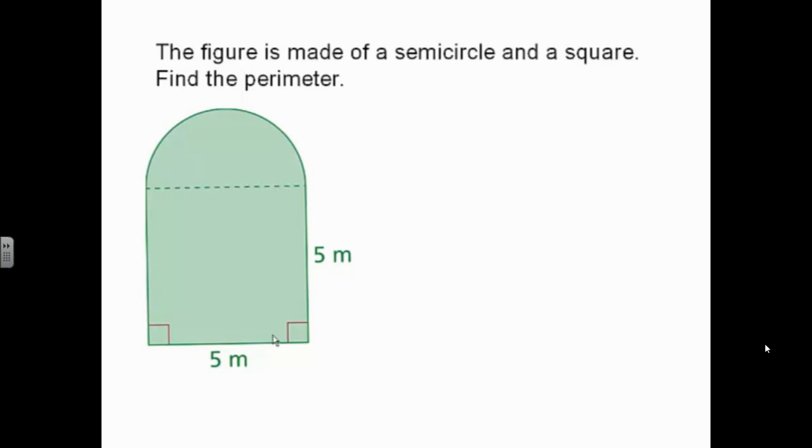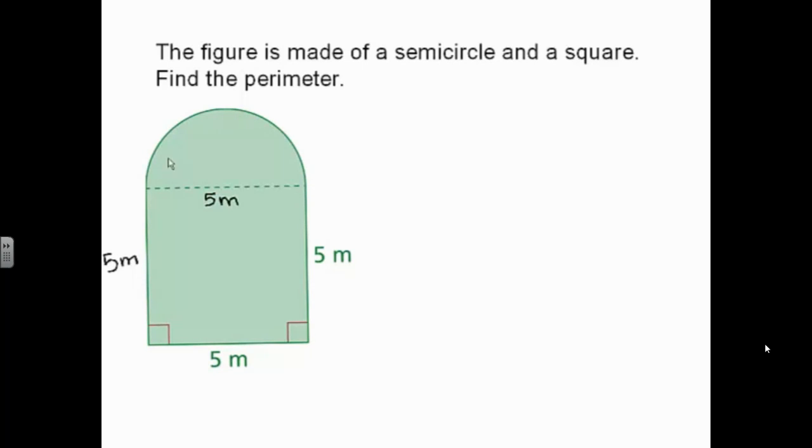And since this bottom is a square, we can label the last 2 sides also as 5 meters. So then the inside will be 5 meters as well. This is helpful because this 5 meters is also the diameter of our semicircle. So now we have the 3 sides of our figure, and we just need the circumference of this semicircle to finish our perimeter.